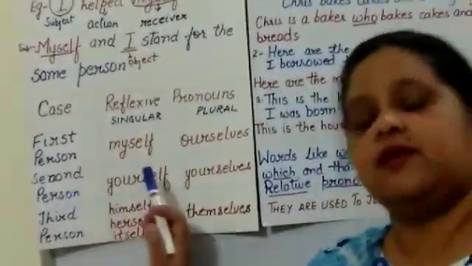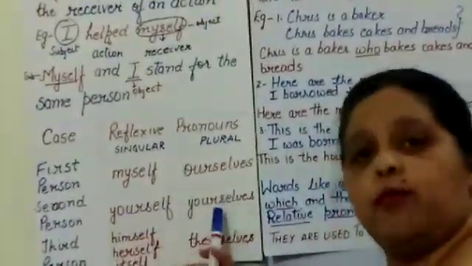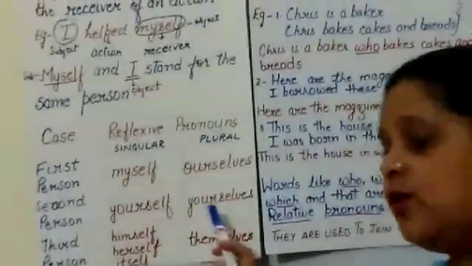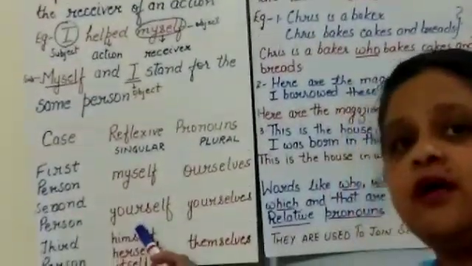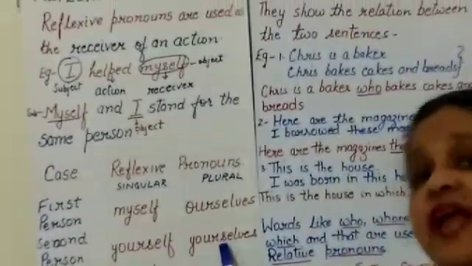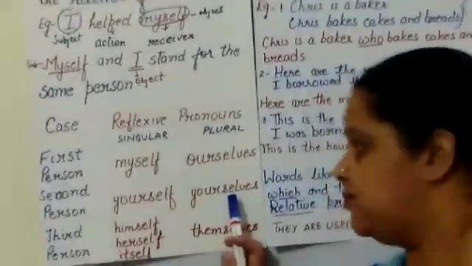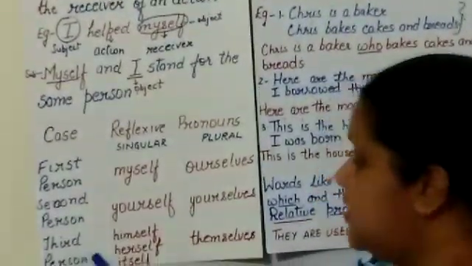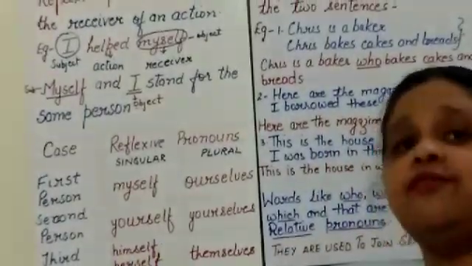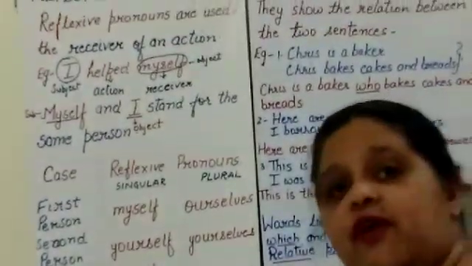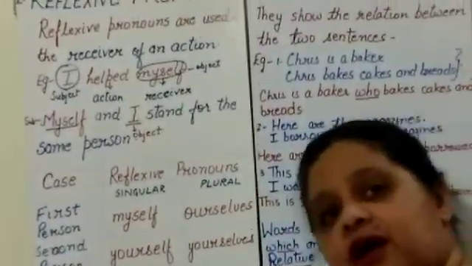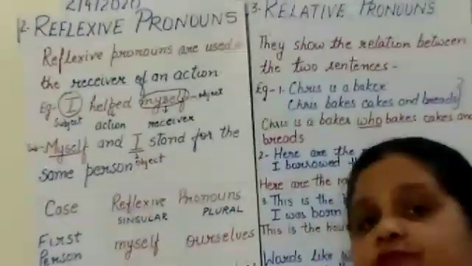For second person, whether singular or plural, we were using you. So yourself in singular and yourselves in plural. Coming to third person, himself, herself, itself. Himself for him, herself for her, and itself for it.